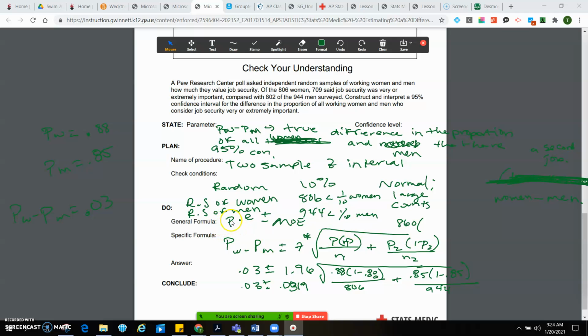For your general formula, you've got your point estimate plus or minus the margin of error. Your point estimate was 0.03, and we found that over here. Okay, then you would plug in your critical value, which is 1.96. Plug all your numbers in.